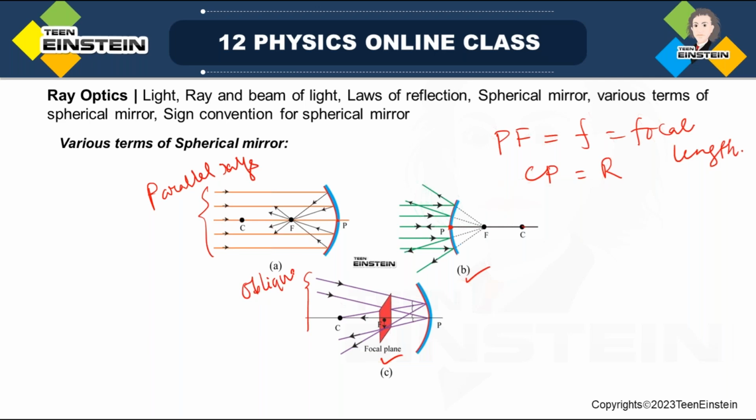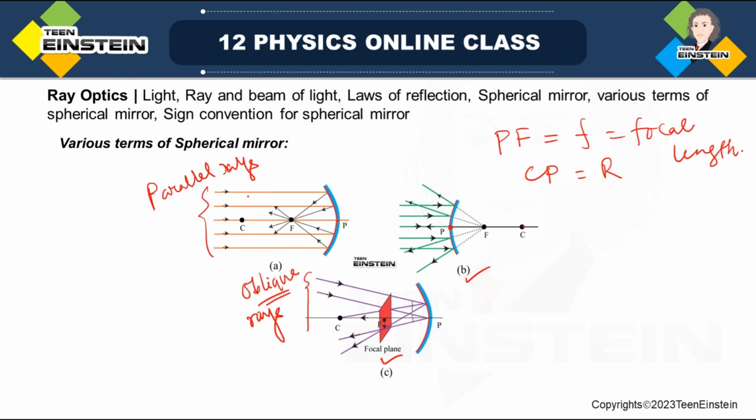When these rays are parallel to each other but oblique to the principal axis, such rays after reflection will meet on the focal plane. Okay, principal focal plane or focal plane.